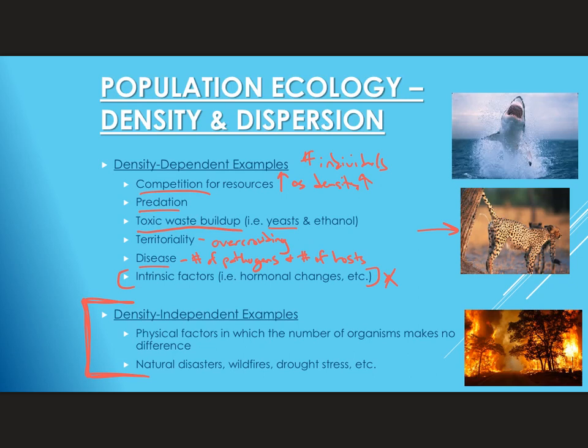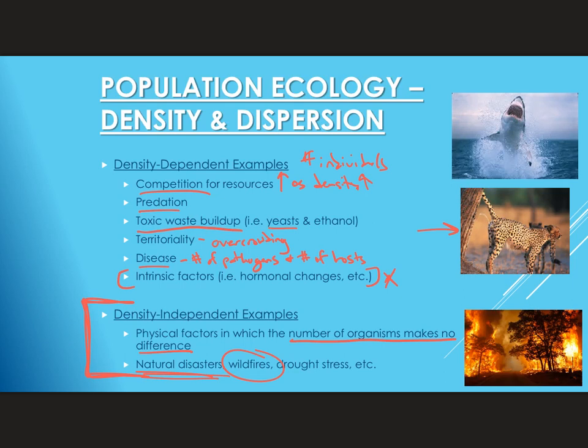Last thing here, we've got density independent examples. Again, this is where the number of organisms makes no difference. These sorts of things can affect your population size no matter what size that is. So these are things like natural disasters. If you think about a wildfire, a wildfire could kill a population of 50 deer. It could kill a population of 5,000 deer.